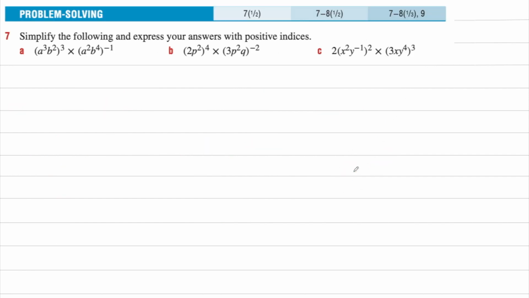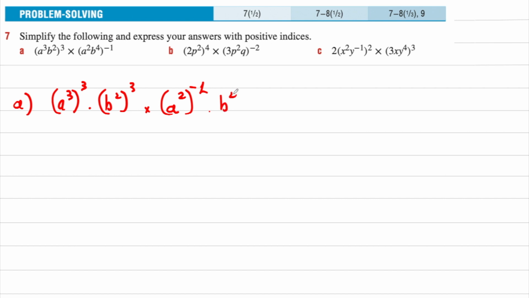Question 7. I think this question is not easy, it's very complicated, so one by one, carefully about your working out. The first, a cubed, b to the power of minus 2, q outside, the power of a product. The next one is 2 to the power of minus 1, and b to the power of 4 minus 1 one more time.